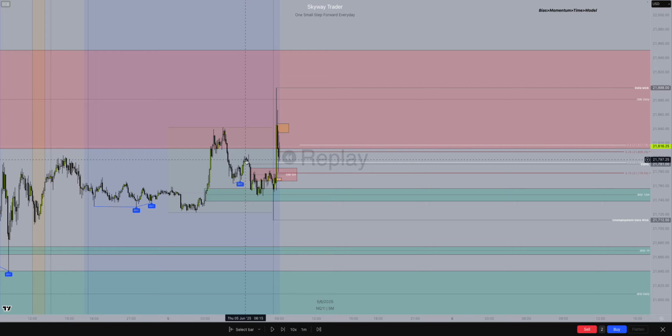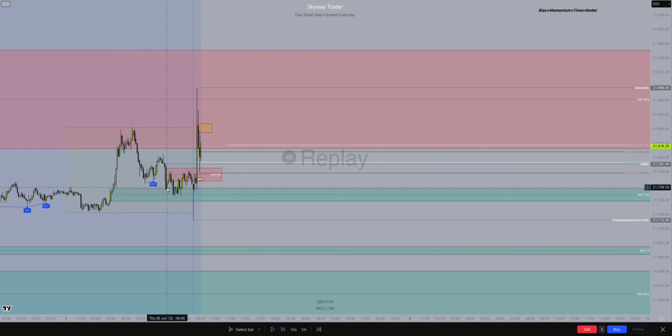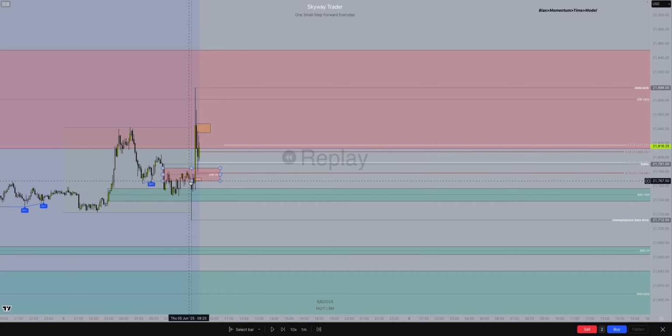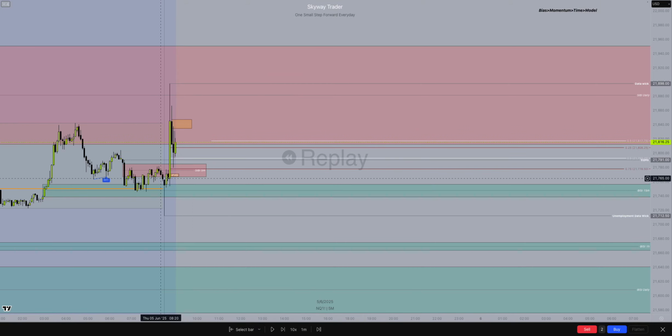Then we come in grinding lower, and we have this 5 minute SIBI, which creates a new low. This tells me that this is significant. Then price goes bounce, bounce, bounce, back and forth between this SIBI and this BISI. When I came into the charts, it was right before the unemployment numbers.